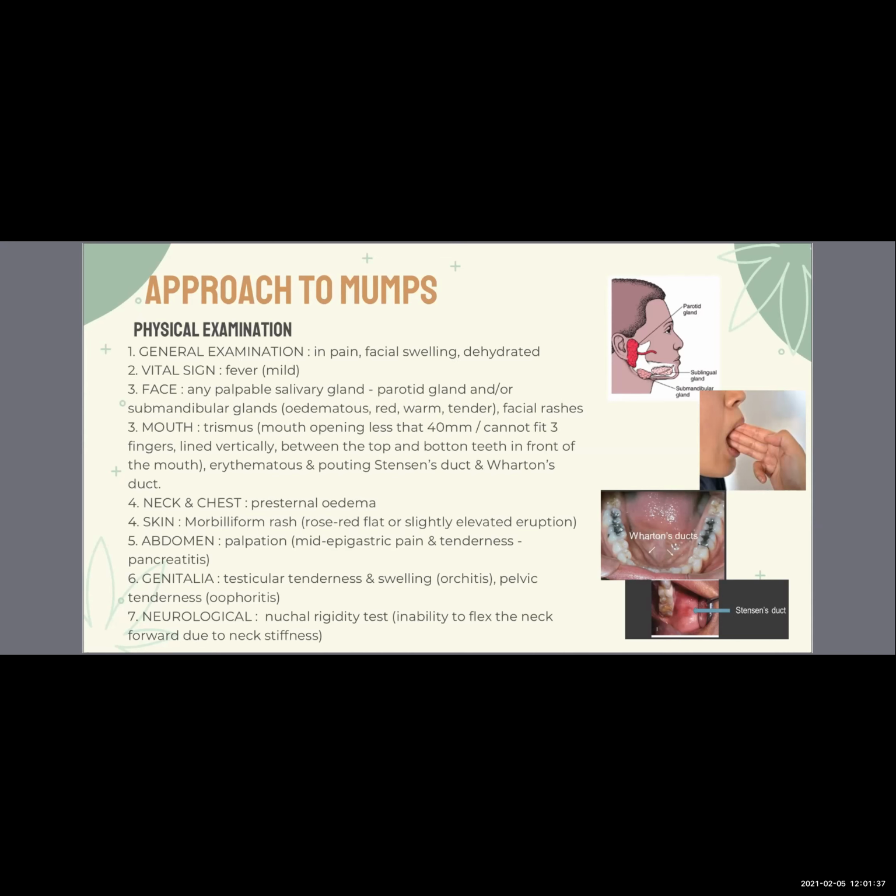In females, we do pelvic examination to look for pelvic tenderness in oophoritis. And then we can do neurological examination to assess for meningeal signs. For example, we can do the neck rigidity test, where the patient will be unable to flex the neck forward. This happens due to the neck stiffness of the meningeal signs.